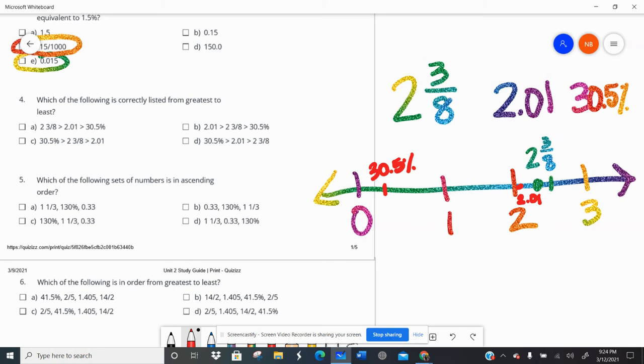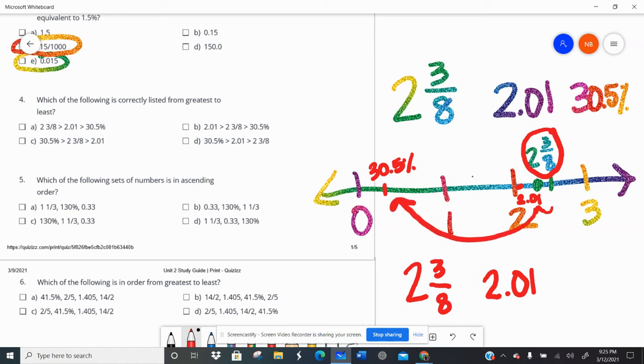So if I want to go from greatest to least, I'm going to start with the number on the right, 2 3/8 first. Then I'm going to travel left to the next one, 2.01. Then I'm going to travel to my smallest one, 30.5%. So I really didn't have to do any of the conversions. I can just use what I know about the number line and place them about where they need to go.